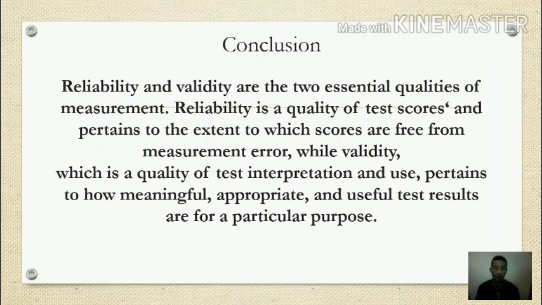Nah, di sini kita lihat kesimpulannya. Jadi reliabilitas dan validitas adalah dua kualitas yang penting dari pengukuran. Reliabilitas adalah kualitas skor dari tes-tes yang ada dan berkaitan dengan sejauh mana kita bisa mengukur skor dari kesalahan.